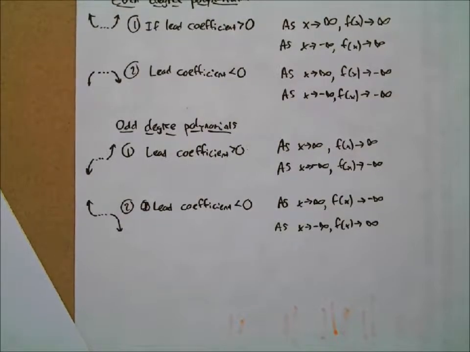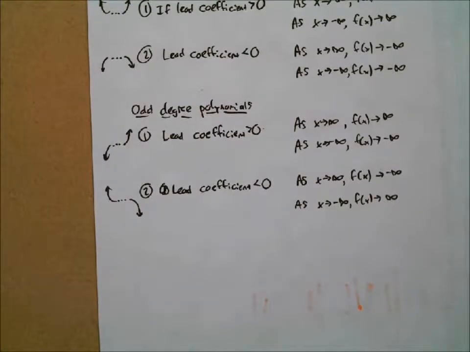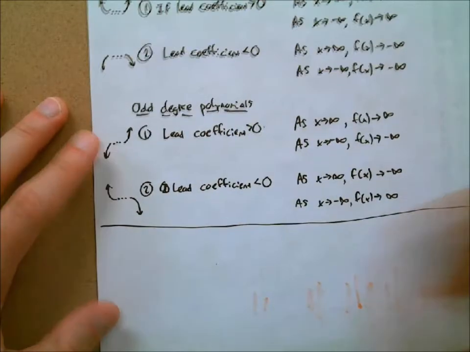All right, so let's do 2 together. We'll practice to determine end behavior, and then I'll have you guys try 2. And then we'll graph 2 polynomials, and we'll be done. Okay, example.